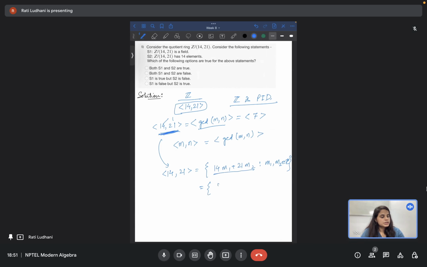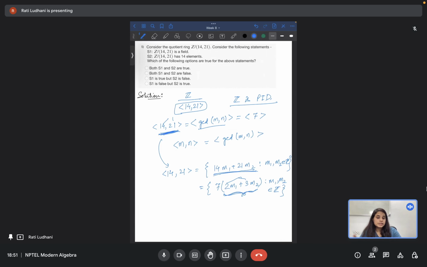Now here if you see 7, you can take it out. So basically you need to find out what is the least element from this. So that is your GCD, or you may take 7 into (2M1 plus 3M2), where M1 and M2 are all possible integers. Now this could be 1 because 2 and 3 have GCD 1.